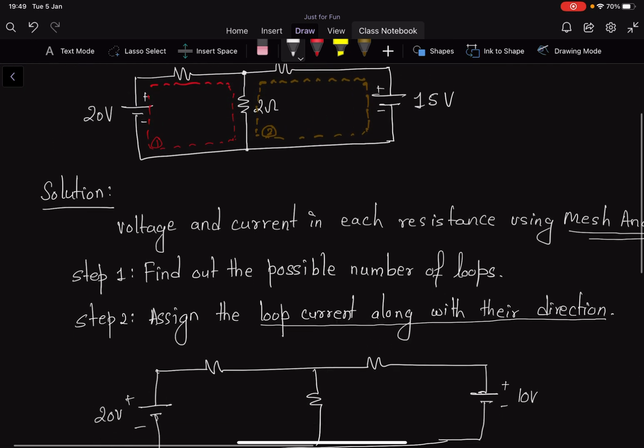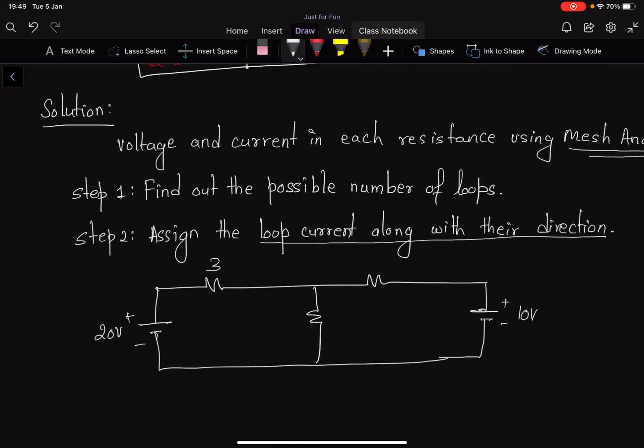The values of the resistors are 3 ohm, 1 ohm, and 2 ohm. Now I'm going to define my loop currents. Loop 1 will have current I1, and loop 2 will have I2.